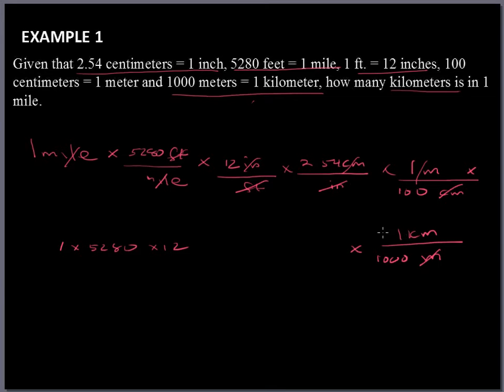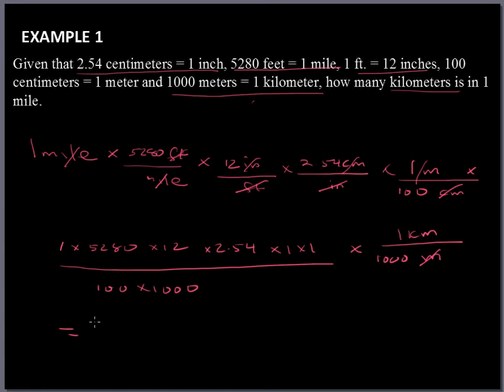So once I finish, the answer will be in kilometers, and that will be the 1 mile thing. So I have 12 here, and then times 2.54 times 1 times 1, and you don't have to repeat the 1 because they don't mean anything. Divide by my 100 times 1,000.